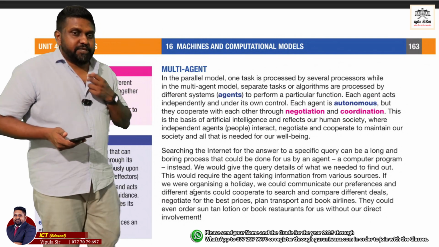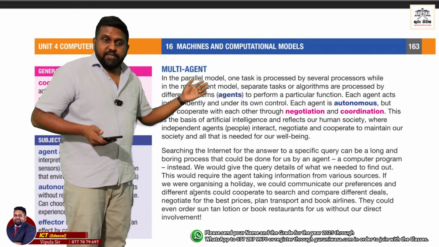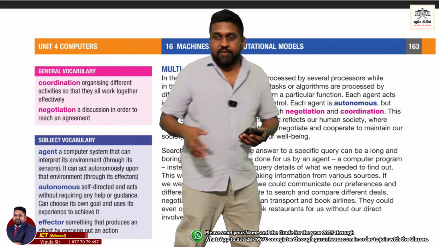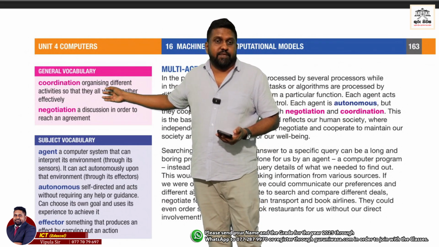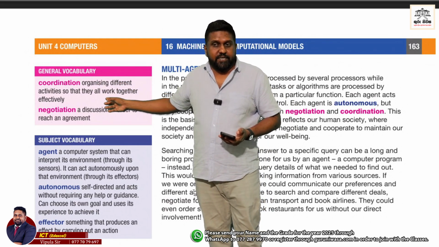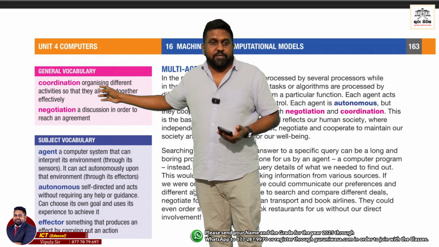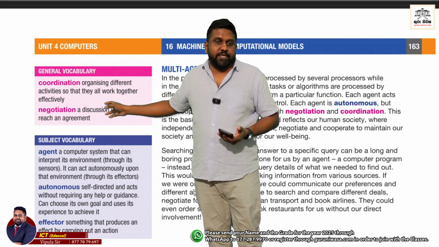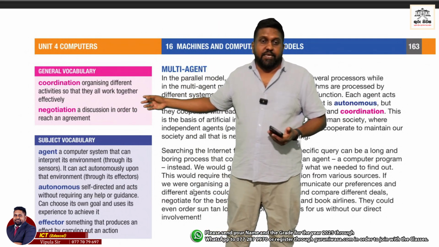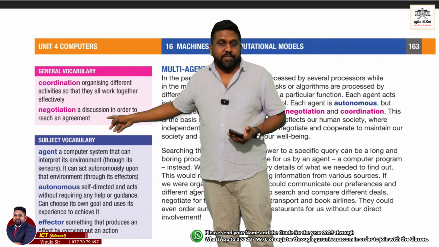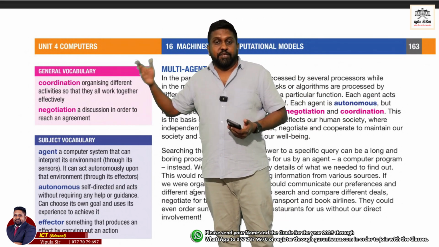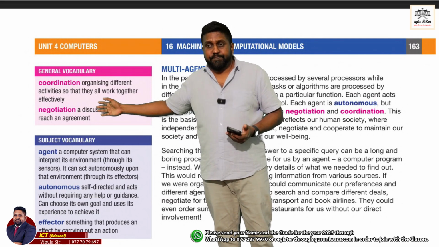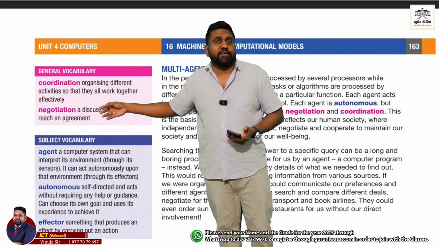In the general vocabulary, let's check this out. We have coordination, which is organizing different activities so they work together effectively. And at the same time, we have the keyword negotiation. Negotiation is basically discussion in order to reach an agreement.